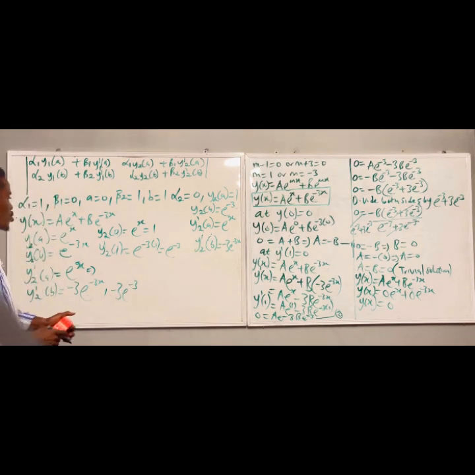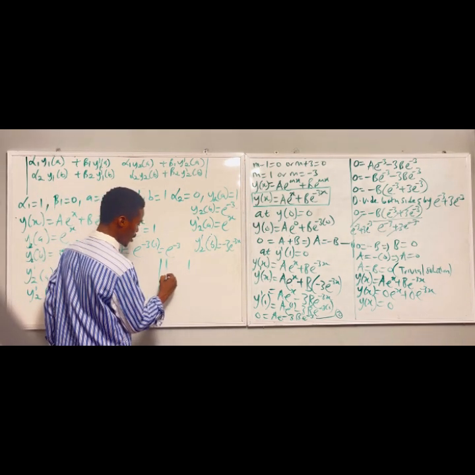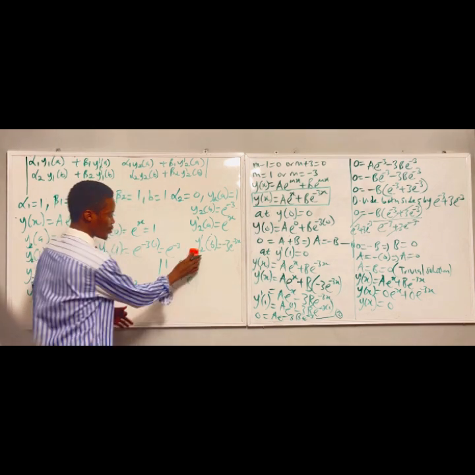So if I substitute all these things according to their constants here, I'm going to have 1, 1, minus 3 exponential minus 3, and e. That is my determinant.